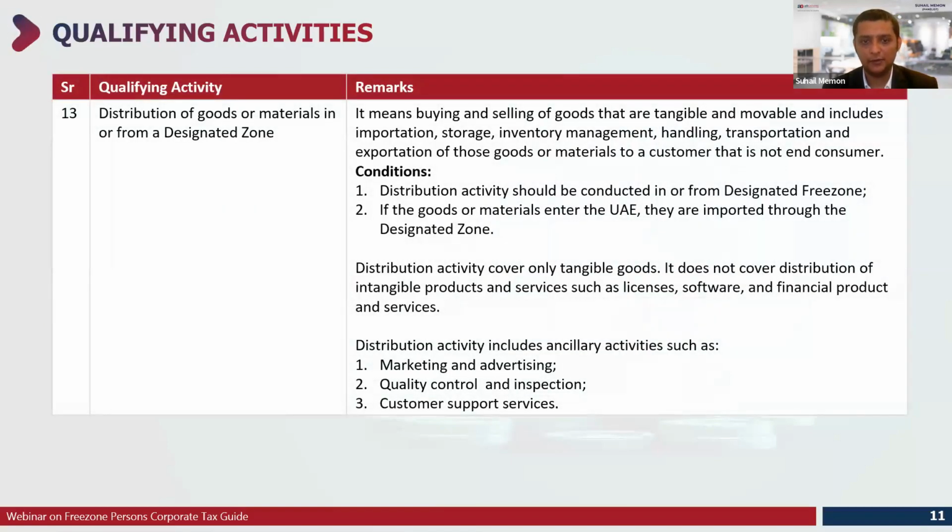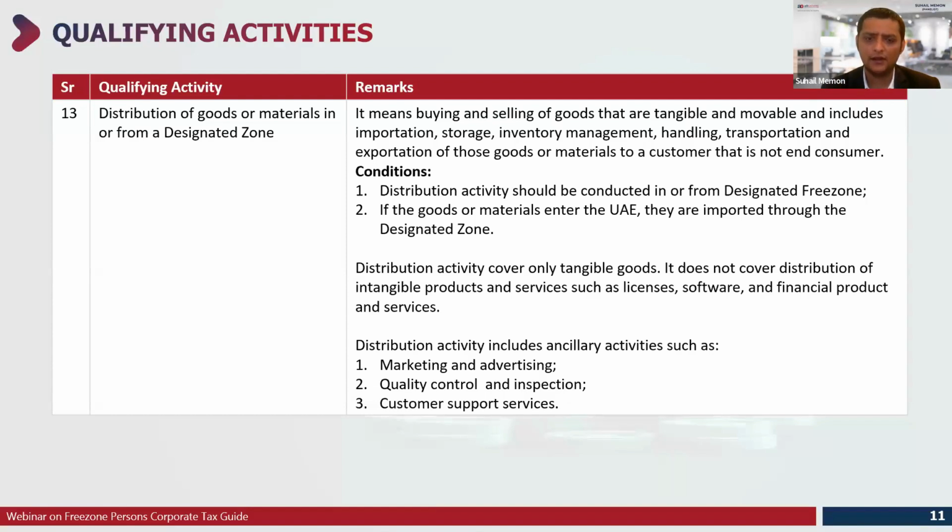Now, this is very important, and this is what is going on in the market. That is distribution of goods or materials in or from a designated zone. This distribution activity was creating a lot of confusion, and thanks to this guide which is present now, we can consider that high C sale is also covered.